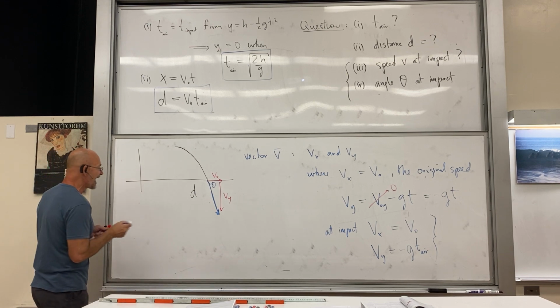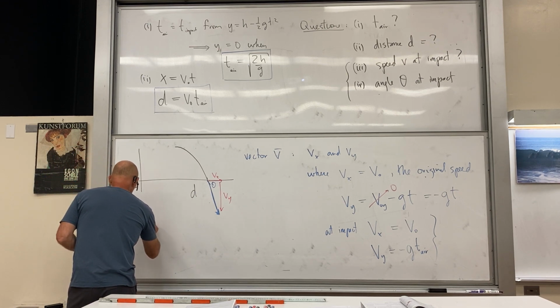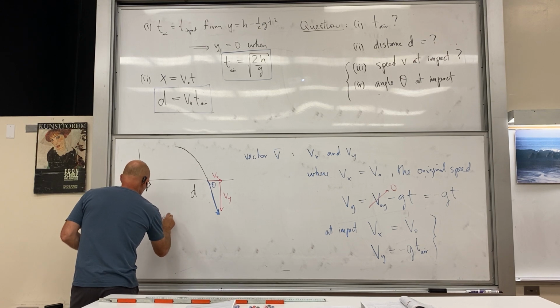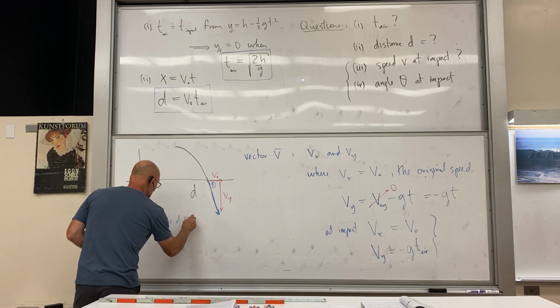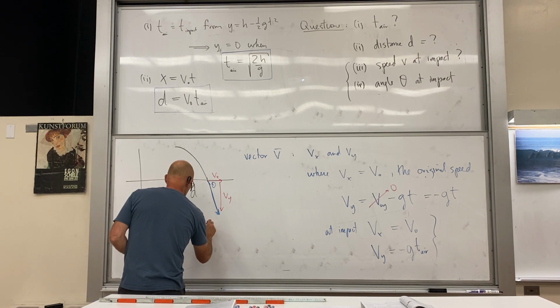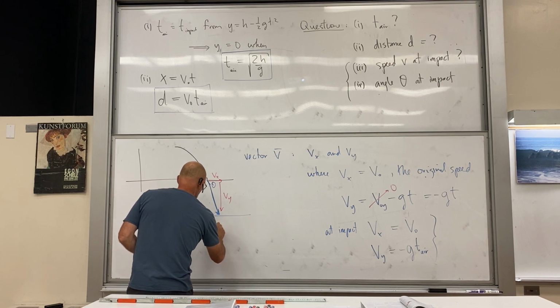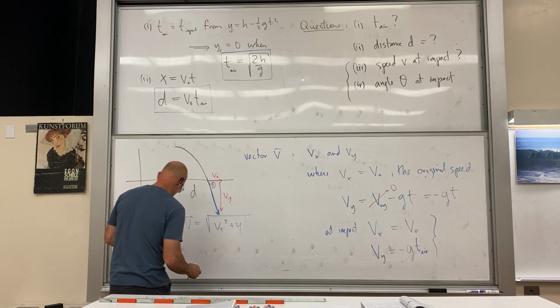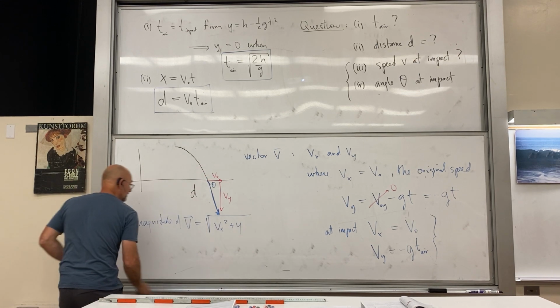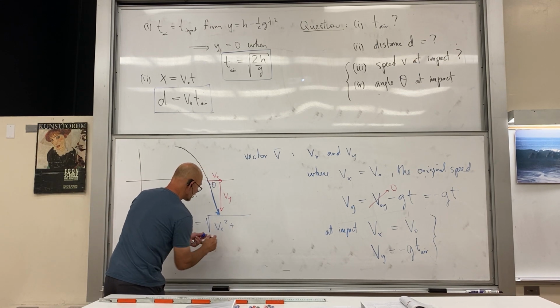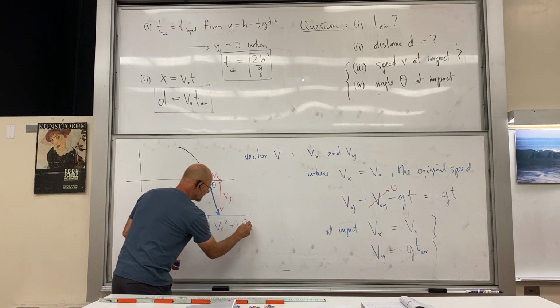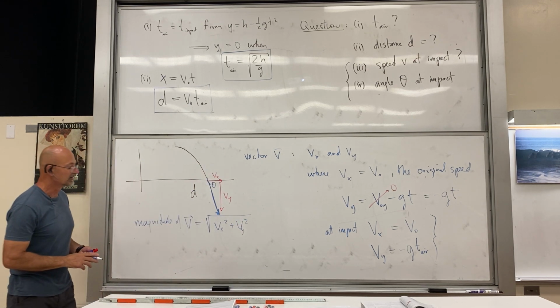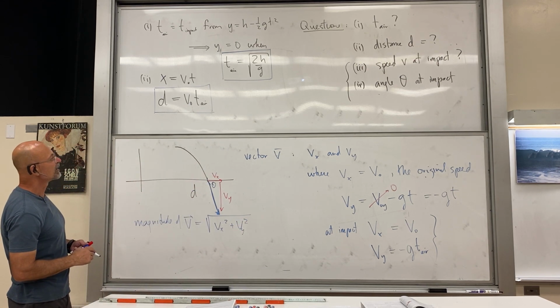So what's the magnitude of v? It's just the Pythagorean theorem: vx squared plus vy squared. So we have almost everything now.